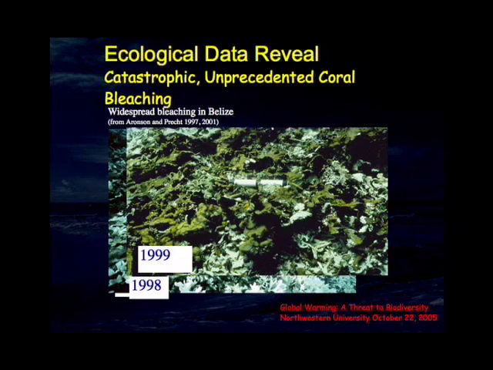And when they came back a year later, they found that the corals had died and macroalgae took over, and so the entire ecosystem changed from a coral reef ecosystem to a macroalgae ecosystem. This is the kind of impact that we are seeing with these enormously warm El Niños that occur every 4 to 7 years.